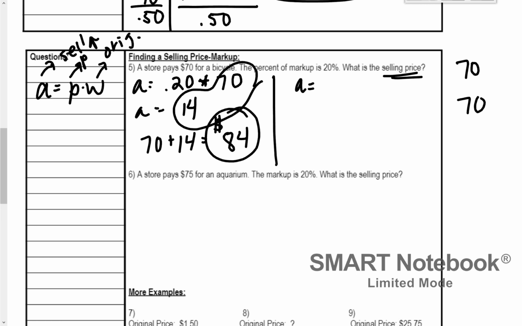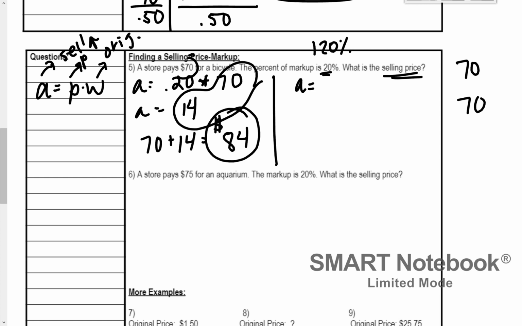So when you mark it up 20%, you're marking it up 20%, but also the price of what you paid for it. You're marking it up basically 120% because you're also marking it up at $70. It's just not considered a markup because you won't have gotten any profit for that $70, if that makes sense.